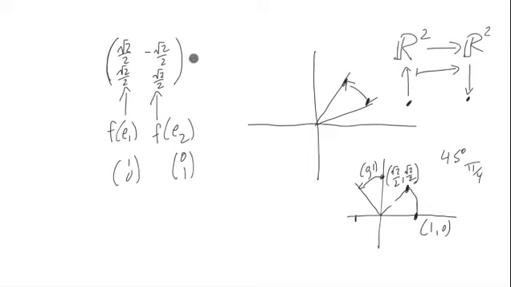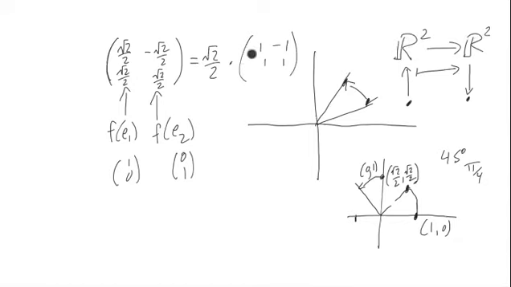And if you want, we can even rewrite this as square root of 2 over 2 times the matrix with rows (1, -1) and (1, 1). That would be okay as well. Thinking of this matrix itself as a vector, and this being like a scalar.